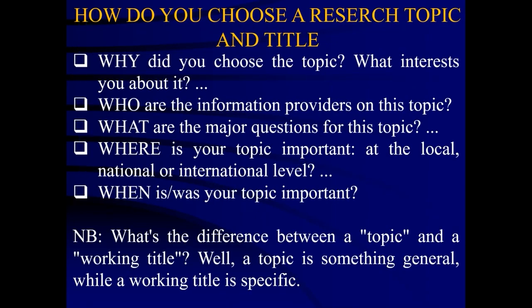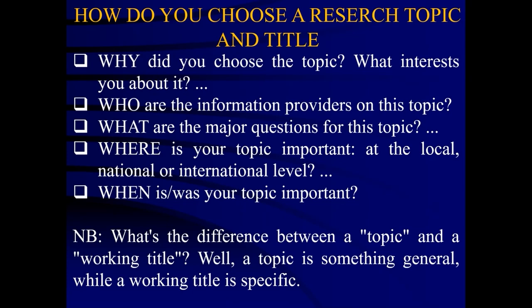So let's look at how to choose the topic. Firstly, you must ask yourself, why are you interested in a particular topic? That's the first thing that is very important. And then the information providers, who are the information providers within the particular scope? So that brings you to your target population or your target sample.